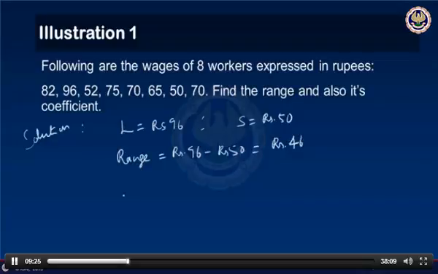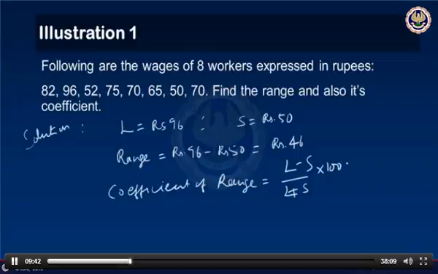The coefficient of range is largest minus smallest by largest plus smallest into 100, which is 96 minus 50 by 96 plus 50 into 100, which is equal to 31.51%. This is the coefficient of range for this data.